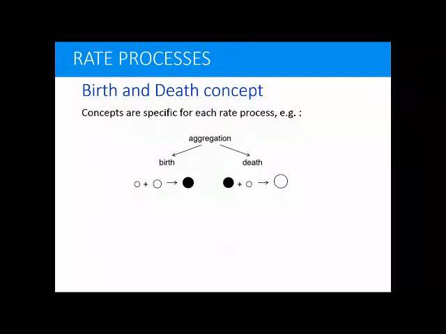Let's have a look at the aggregation process, for example. Aggregation is the process where two particles come together and they stay together to form a larger particle at the end of the simulated step in time. So this means that two smaller particles. Let's say that the only property that we're modeling now is size of the particles.